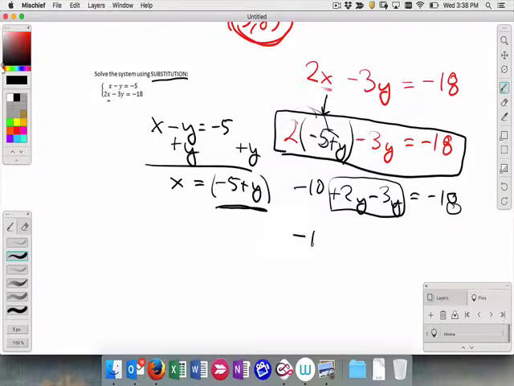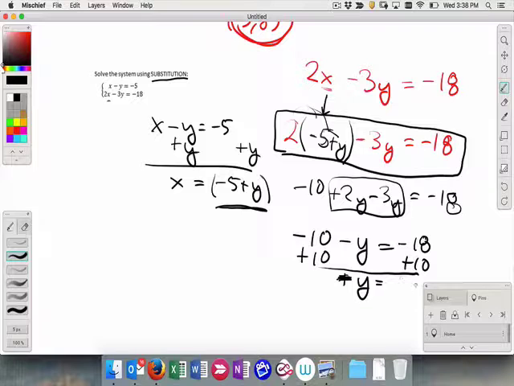So that's negative 1. And so I have negative 10 minus y equals negative 18. And I'll just continue to solve, and I'll get through this really fast. So adding 10, I have negative y equals negative 8. And of course, the y is not done yet, but I should divide by negative 1. Okay. And there we go.